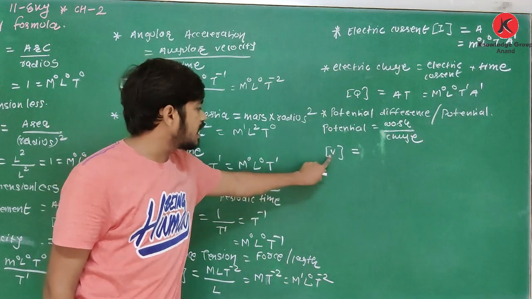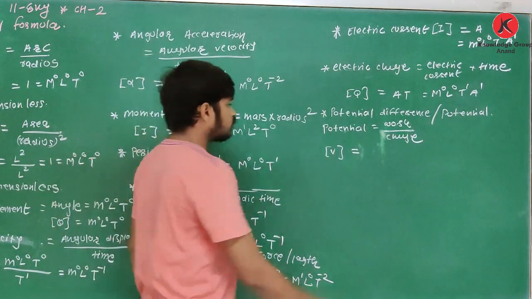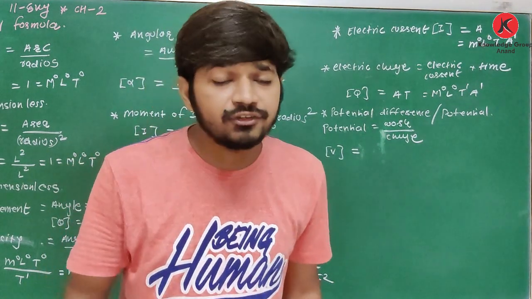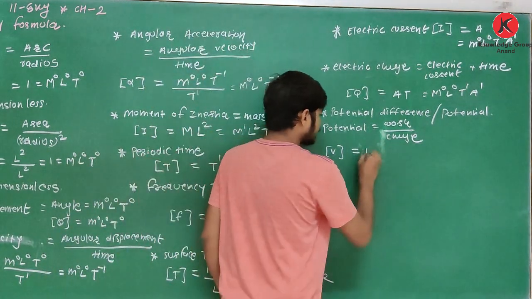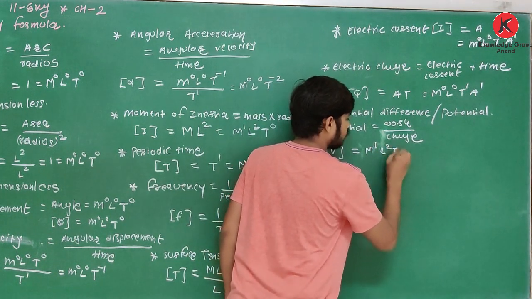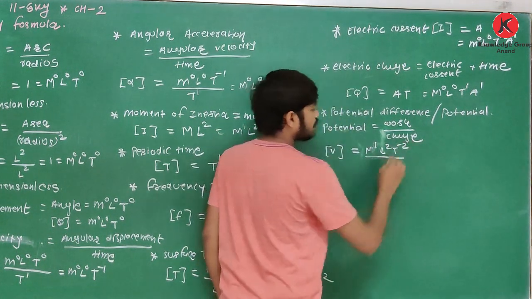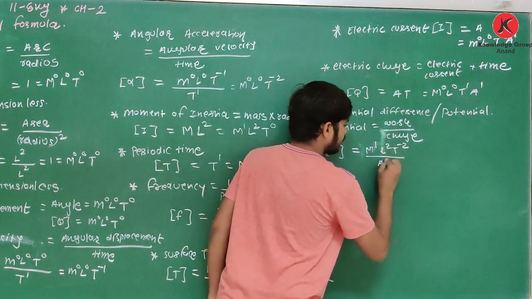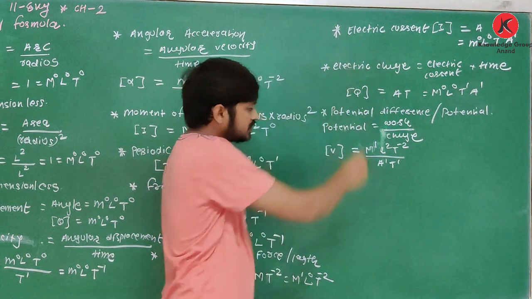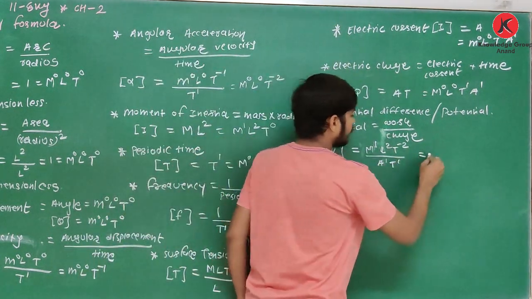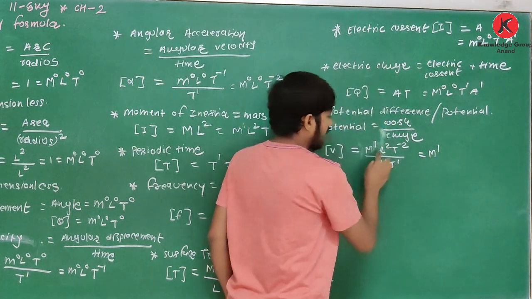Potential is indicated by V, so its dimensional formula is equal to dimensional formula of work divided by charge. What is dimensional formula of work? It is M1 L2 T minus 2. While dimensional formula of charge is AT, or we can say A1 T1. Okay, so see how to simplify. M1, only one term, as it is.